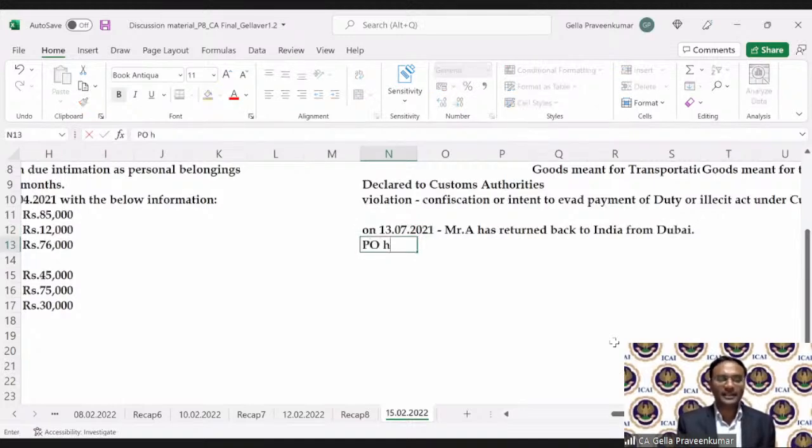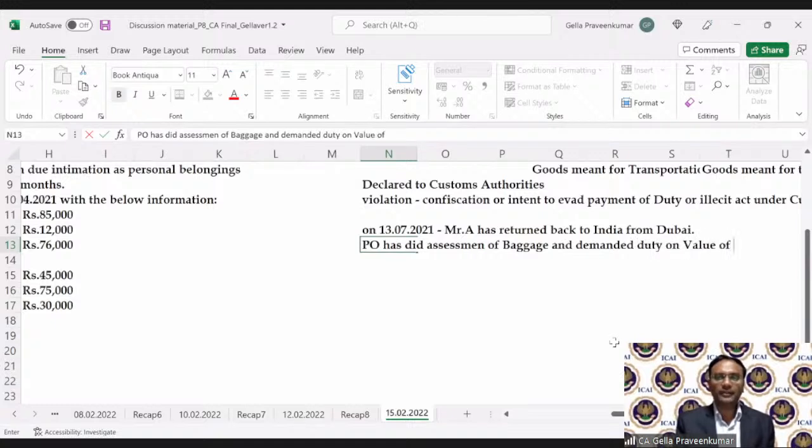Proper officer did assessment of baggage and demanded duty on value of goods not freely permissible of rupees 4,85,000.